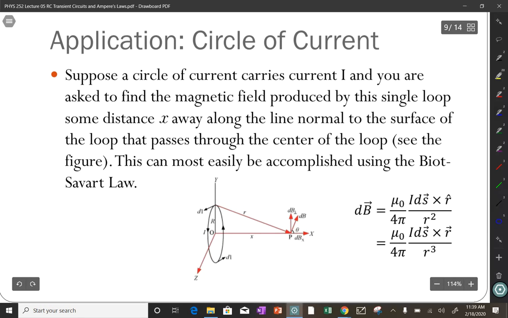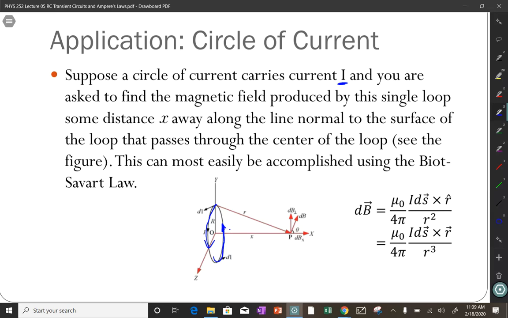So let's look at what the problem is asking us to do and get to work. The problem says, suppose we have a current I that's going in this loop in the direction shown. So this is coming out toward us, going down. So this is on the side towards us, that's on the side away.